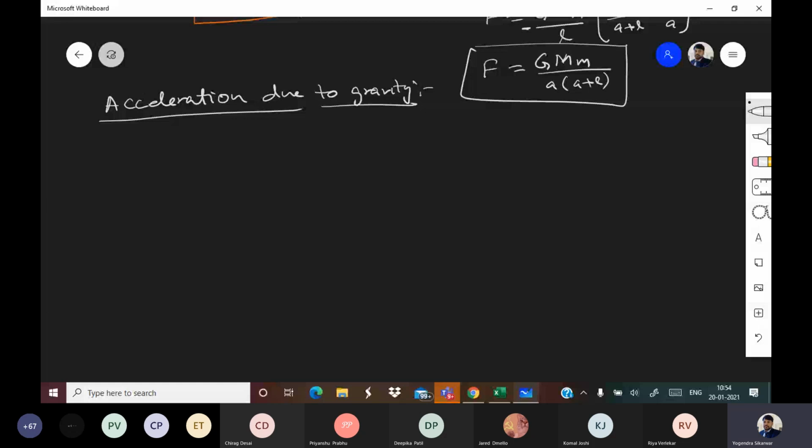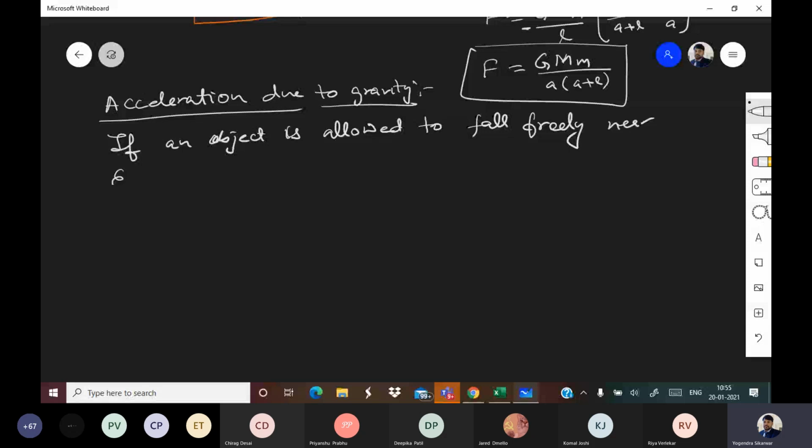That acceleration of the object is called acceleration due to gravity. So if an object is allowed to fall freely near Earth's surface.